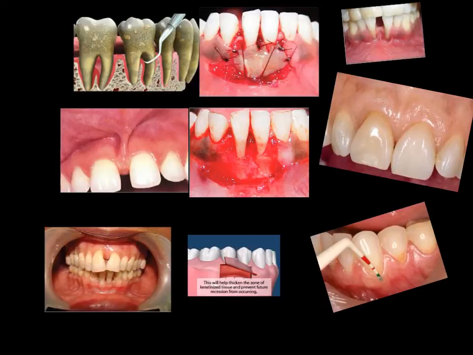It's important to assess the periodontal tissue carefully to see if the gingival tissue requires a surgical procedure, such as a connective tissue graft, that will thicken the tissue while also correcting the recession defect.